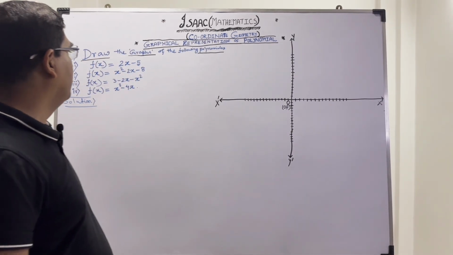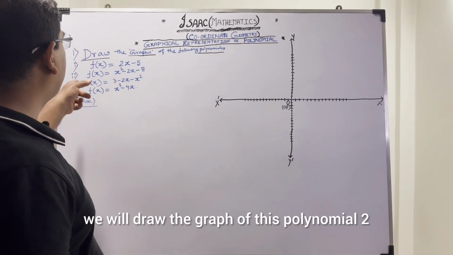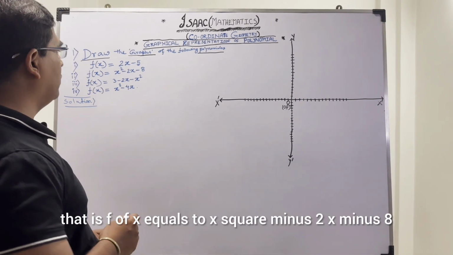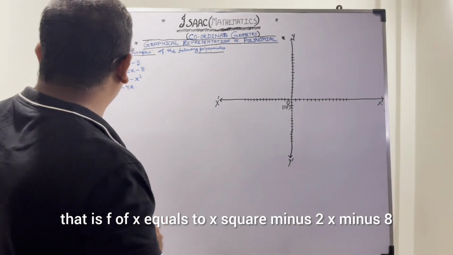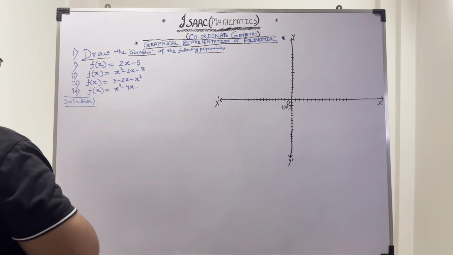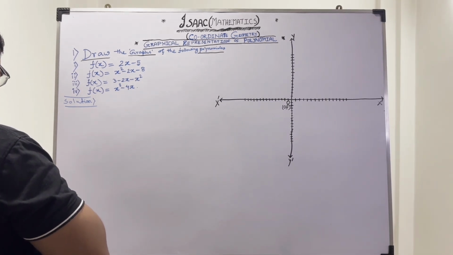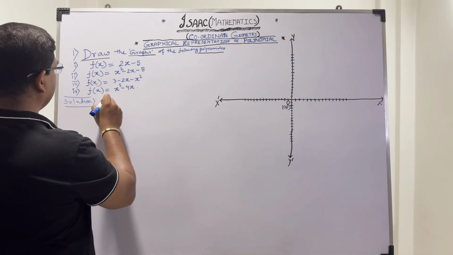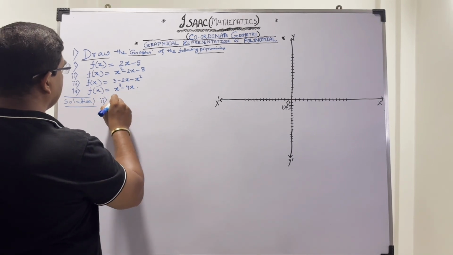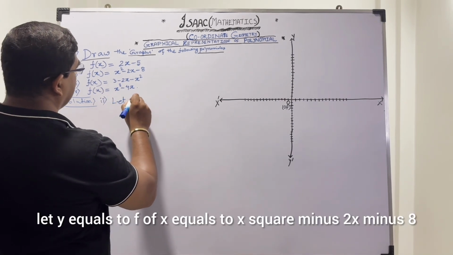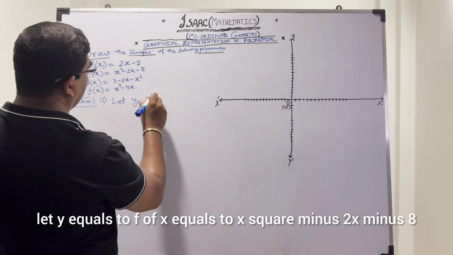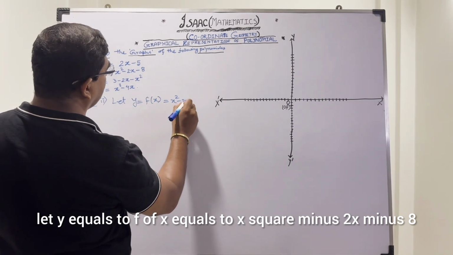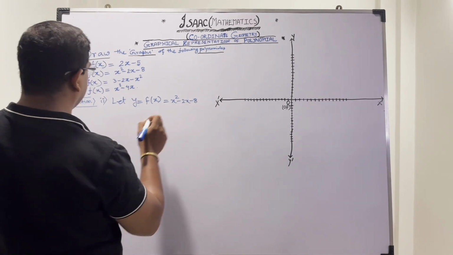Now we will draw the graph of polynomial 2, that is f of x equals x square minus 2x minus 8. Same as previous, we let y equals f of x equals x square minus 2x minus 8.